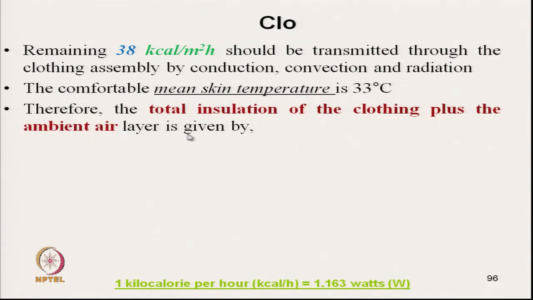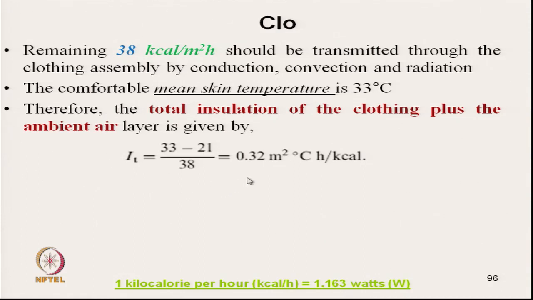Therefore, the total insulation, that is clothing insulation plus the ambient air layer insulation, is given by I total, which is equal to 33, the skin temperature, minus 21, the ambient temperature, that is the temperature gradient, divided by the heat which has to be transmitted through the clothing.